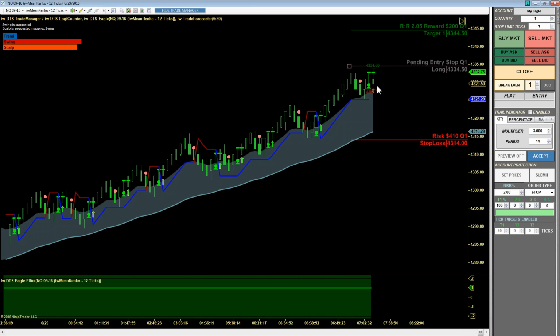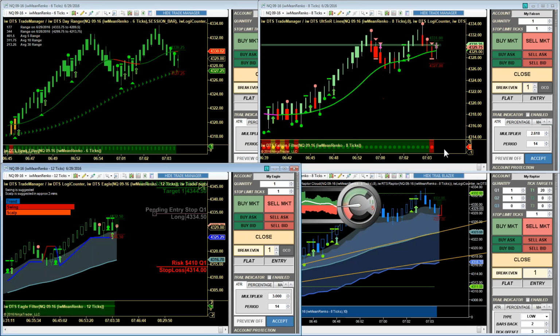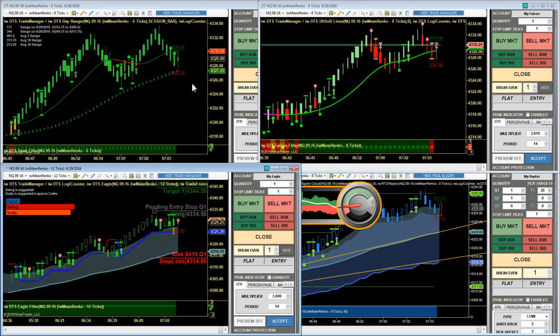On the Eagle especially, this tends to happen, so it's not a bad strategy for the Eagle. What this allows you to do is enter the market on some renewed momentum. Right now it's actually tailing off a little bit. I'm wondering whether we knocked the buyers out of the market.